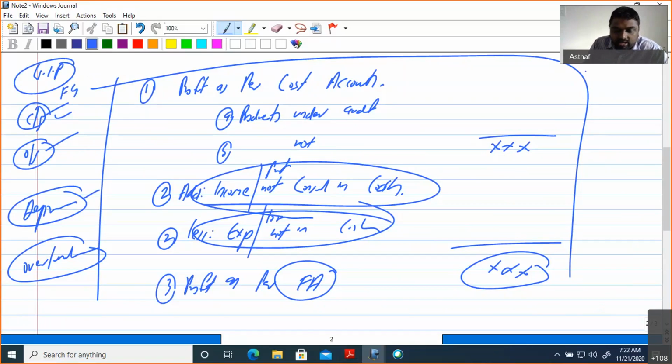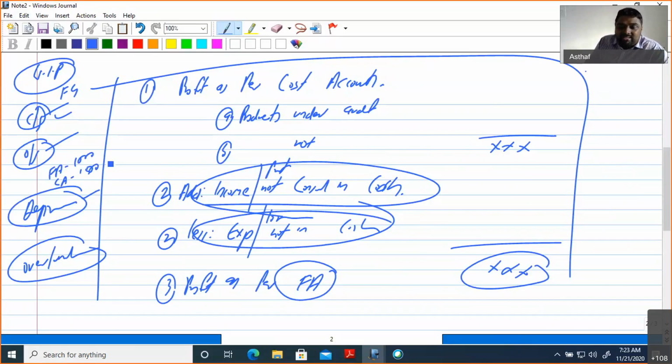Going for the treatment of depreciation. How will the treatment of depreciation come? See, depreciation may follow a different method. Maybe in costing they followed WDV, and in accounting they followed SLM basis. So how will the treatment come? My dear friends, for depreciation you have to see the amount. If in financial accounts it is 1,000 and in cost accounts it is 1,500, that means the expense is less in financial.